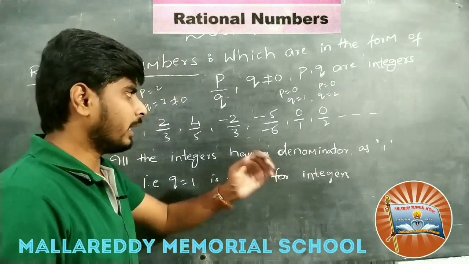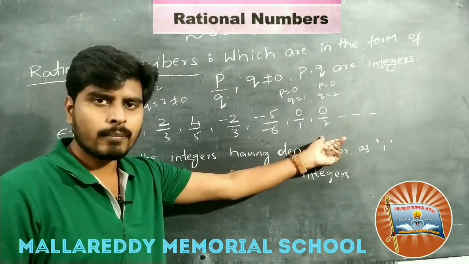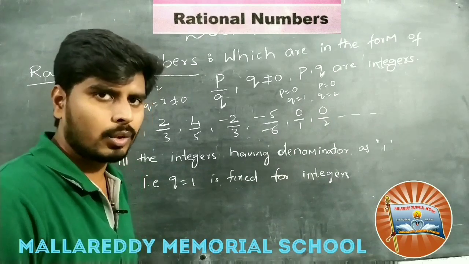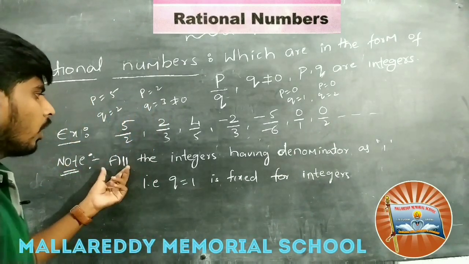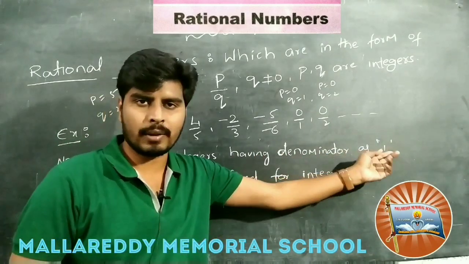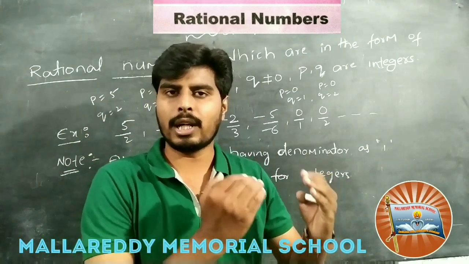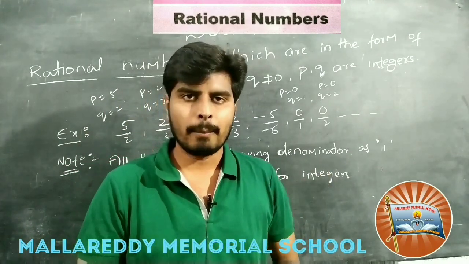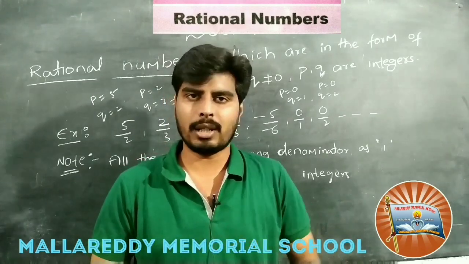That is why 0 by 1 and 0 by 2 are also rational numbers. And write down one more note here. All the integers have denominator 1, it means an integer has the fixed denominator 1. By this reason all the integers are also rational numbers.